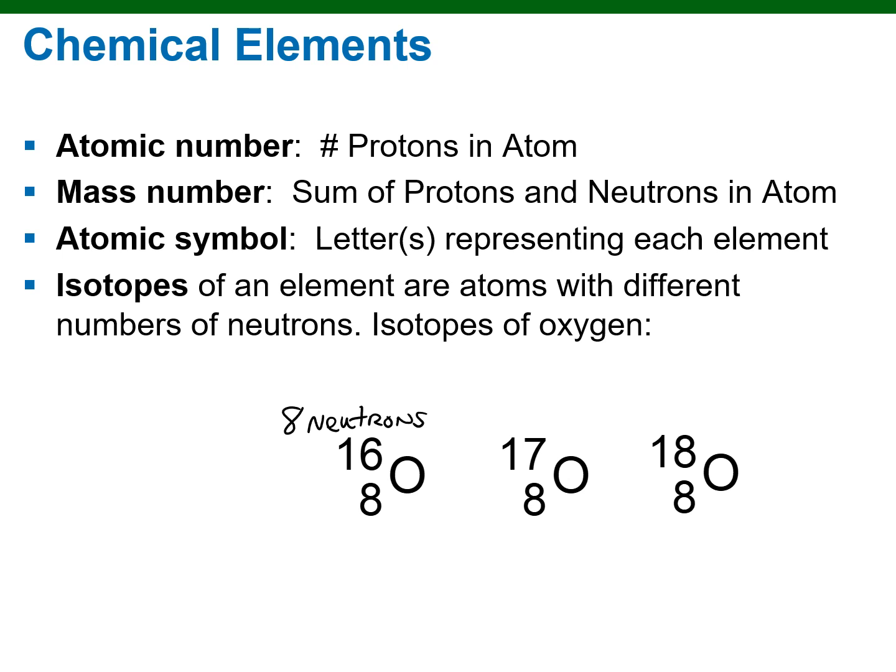So we could take the number 17 and minus out 8, and we see that there will be 9 neutrons present in oxygen 17. And finally, we have oxygen 18 that's listed here. And once again, it has 8 protons that defines it as oxygen, but then 10 neutrons.